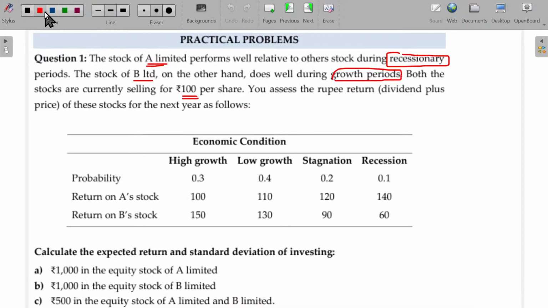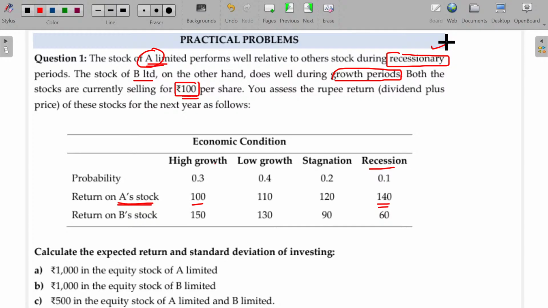In this illustration, if you purchase a share for 100 rupees, in the case of stock A, in high growth you will get 100 rupees. There will not be any change in your investment. If the economy shows a recessionary period, your 100 rupees will grow to 140, as we already know that A Limited performs better in a recessionary period.